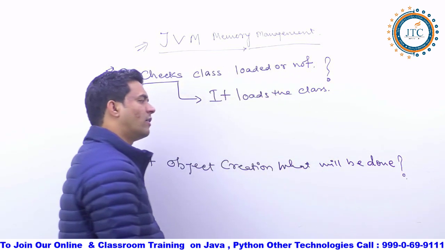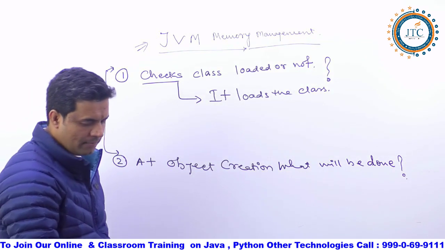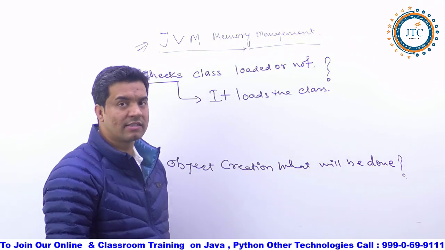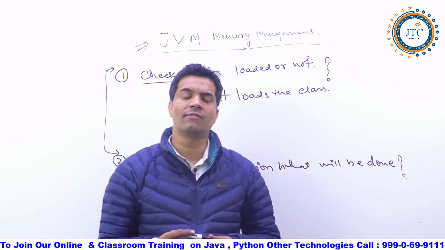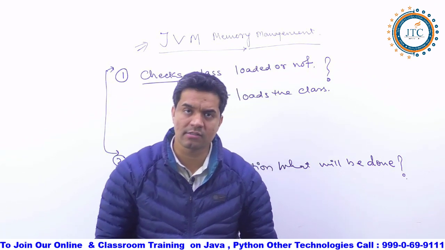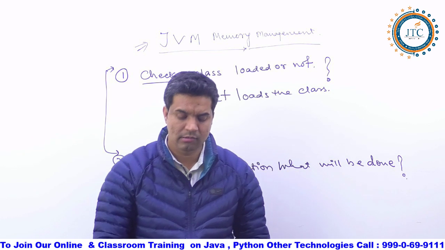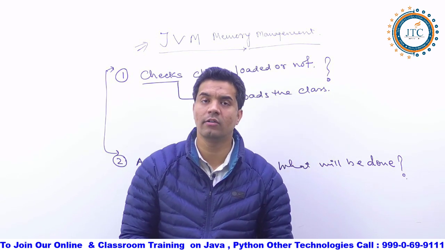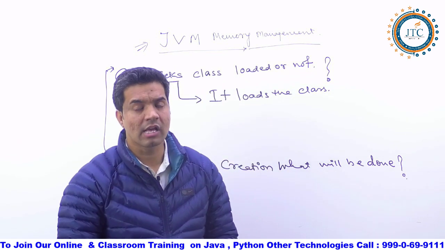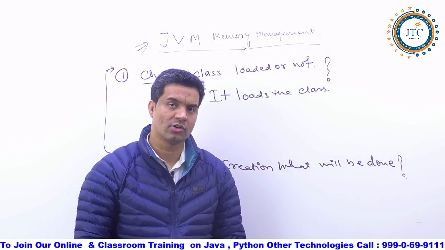This is also one of the important points here. So we will write one example, and after writing these examples we will discuss each one of these points very clearly, how and what all things happen.